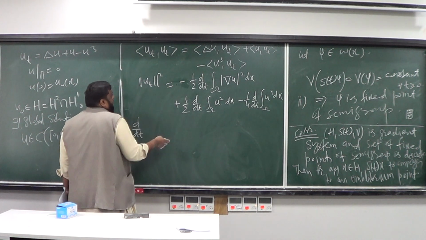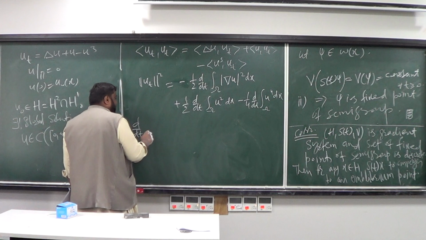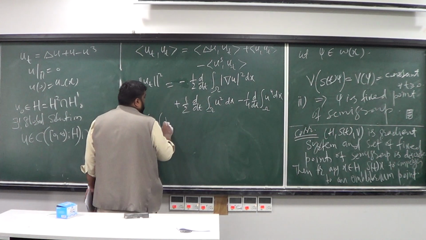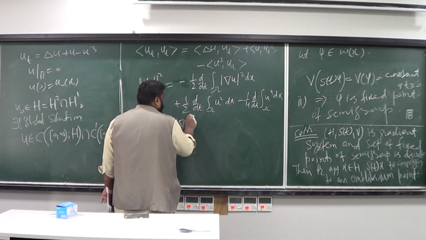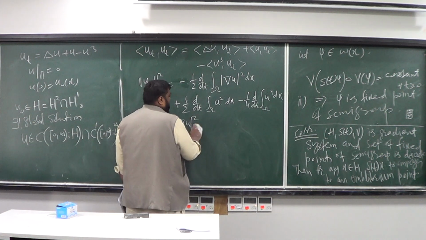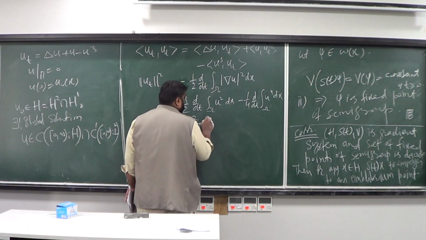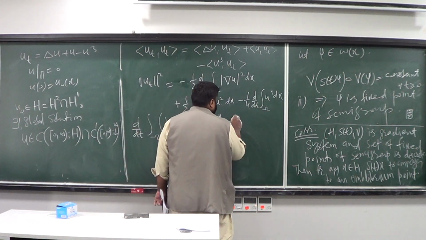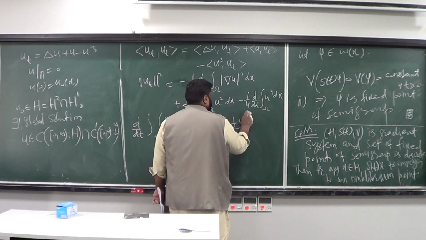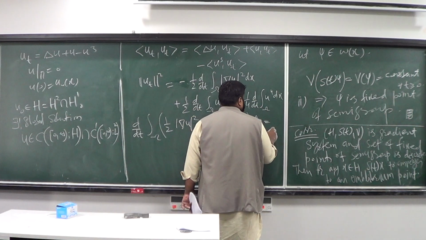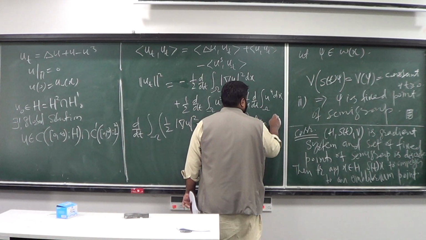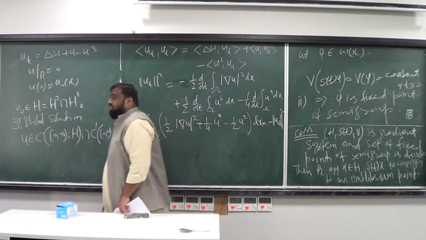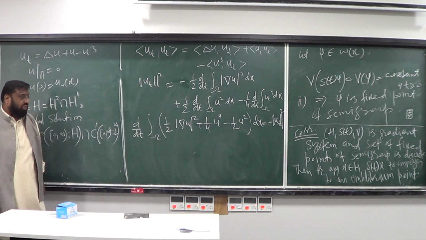So if I multiply both sides by minus and put these integrals together, so you're going to get the integral of 1 over 2 the gradient of u square plus 1/4 of u power 4 minus 1/2 u square dx is equal to minus u t square. This is what the equation is going to take form.